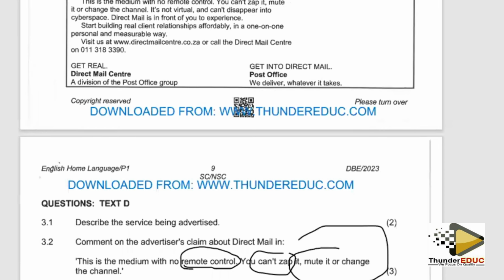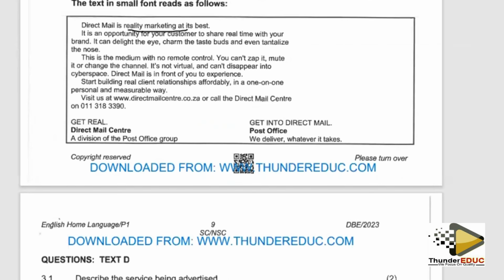And therefore, that's where now you can be taking what is said about the advertisement. It can delight the eye, charm the taste buds, and even tantalize the nose. This was mentioned in the information.